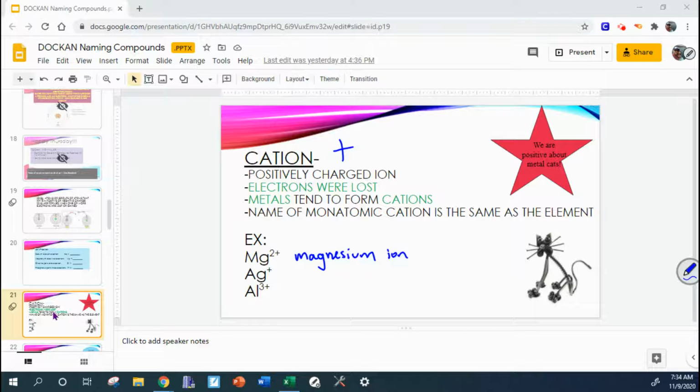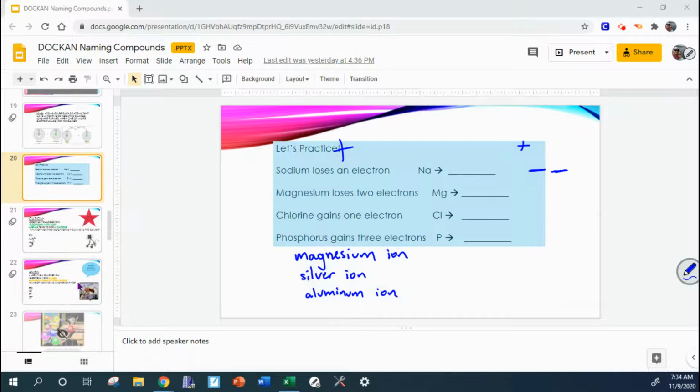If I see this one, Ag, this is going to be silver ion. And this would be aluminum ion. We are positive about metal cats. Cats for cation, and metals because most metals form positive charges.